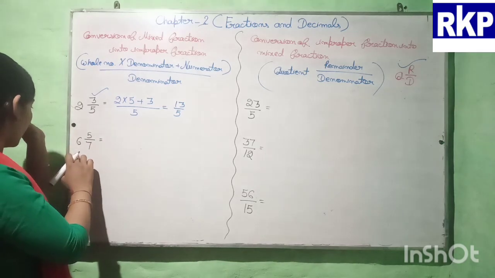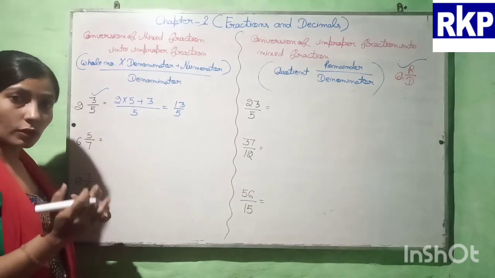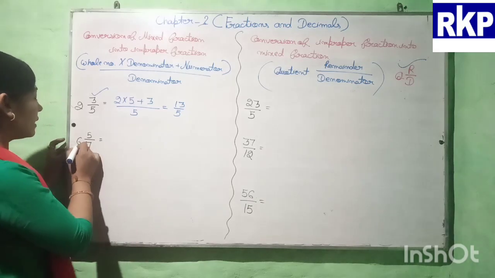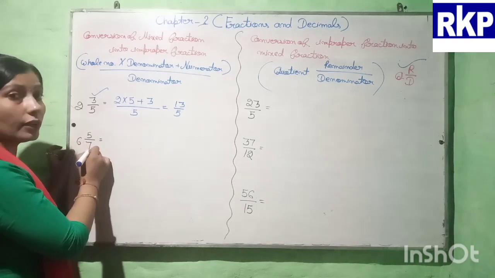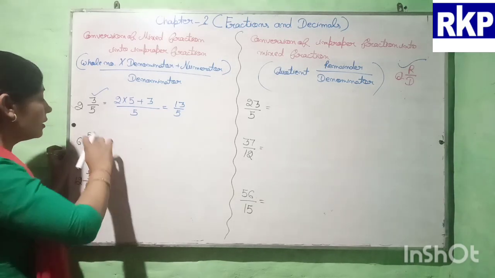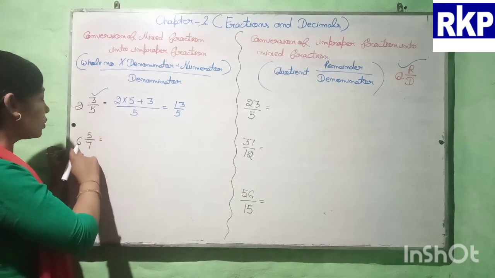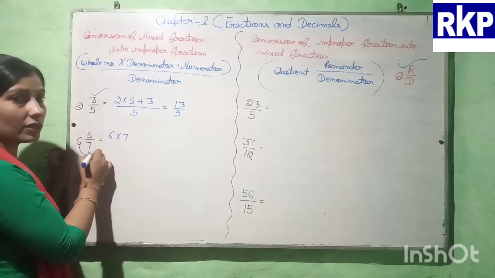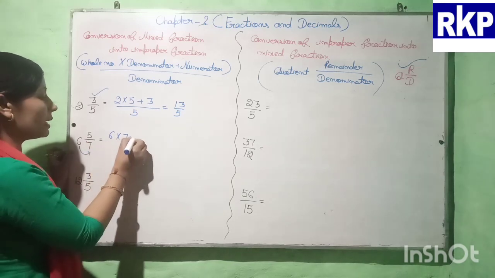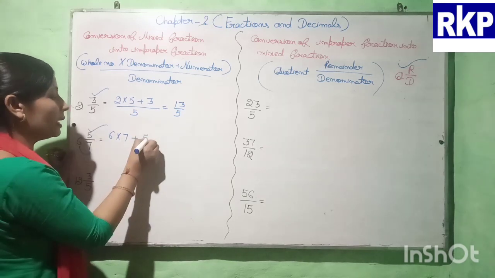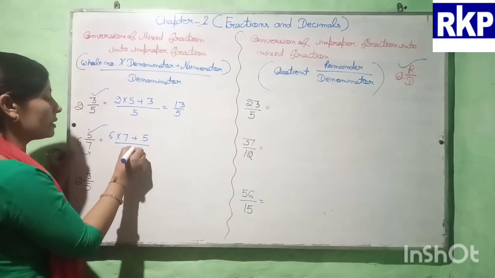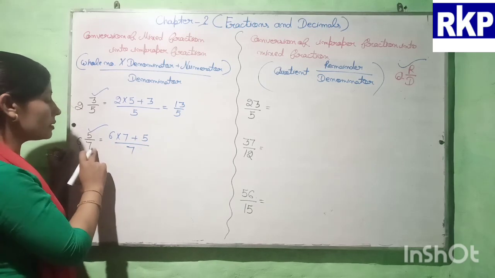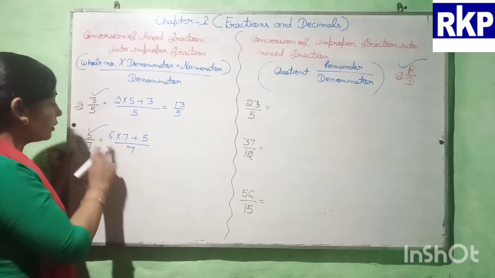Here we have 6 and 5/7. Here also we have to multiply the whole number part with the denominator and then add the numerator. So 6 multiplied by 7 plus the numerator, and as the denominator we have to write this denominator as it is, not this 5 beta.